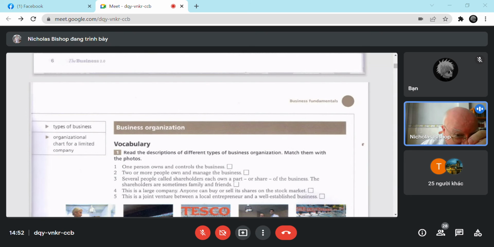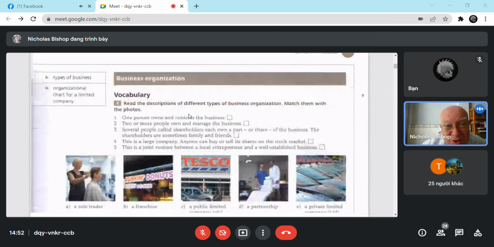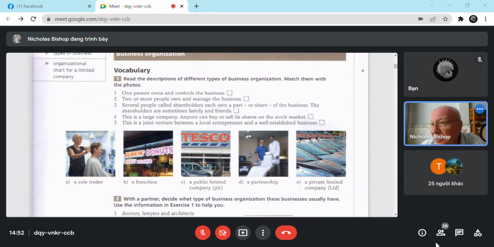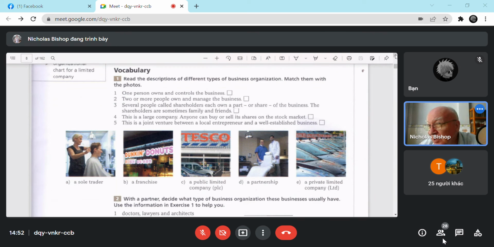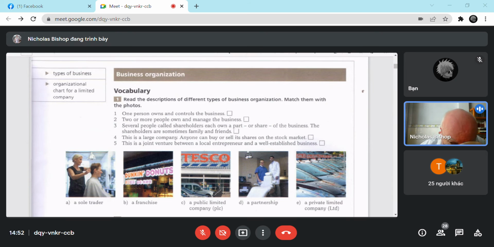Okay, we're going to look at business organizations here. Look at the top left of the page. It says types of business, organizational chart for a limited company. There are 5 pictures here.